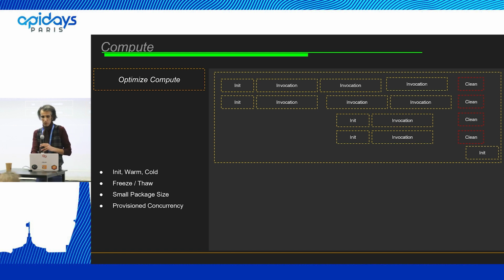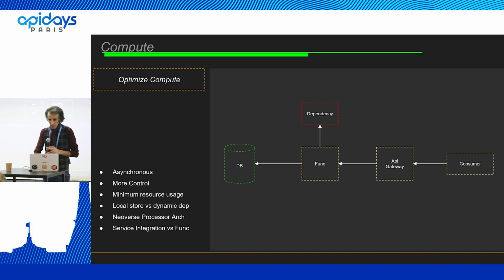Until now, we talked about the physical part of containers in compute. When we talk about compute, the recommendation, if you want to be sustainable, is to make things asynchronous. Making something asynchronous removes the dependencies and the problems from outside your business.